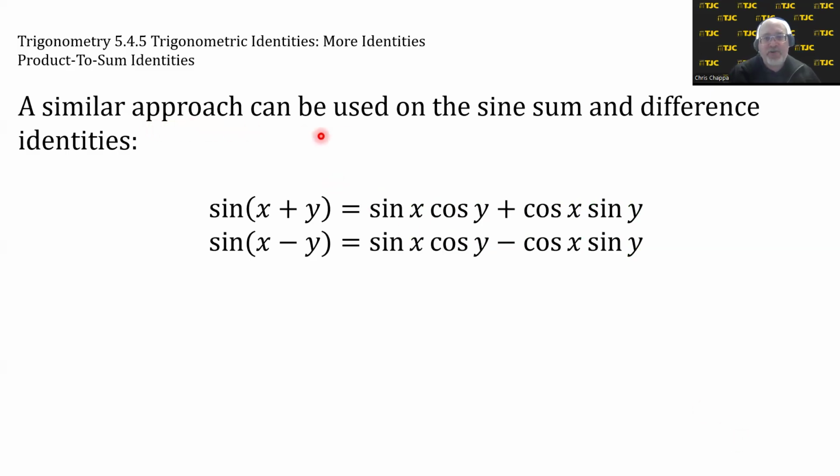A similar approach can be used on the sine sum and difference identities. Sine of x plus y equals sine of x cosine of y plus cosine of x sine of y, and sine of x minus y equals sine of x cosine of y minus cosine of x sine of y. Notice that we have pairs of like terms, so we could play the same games.